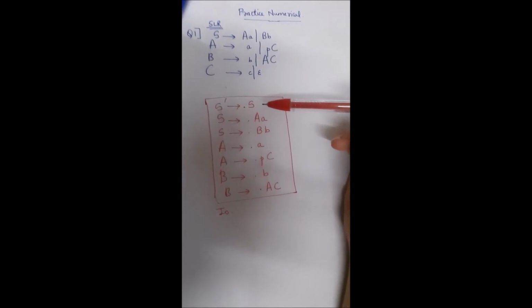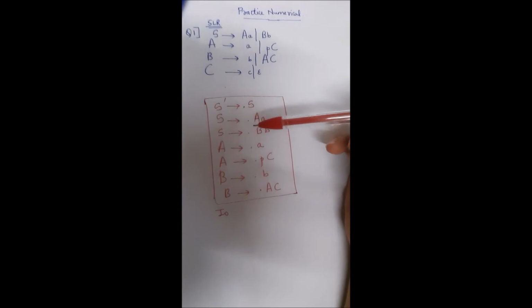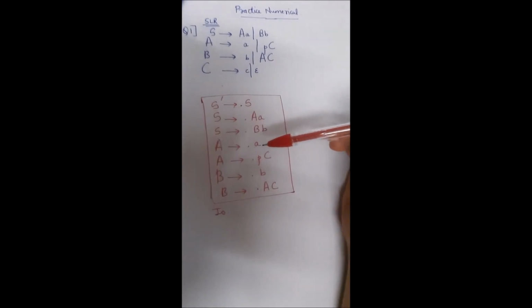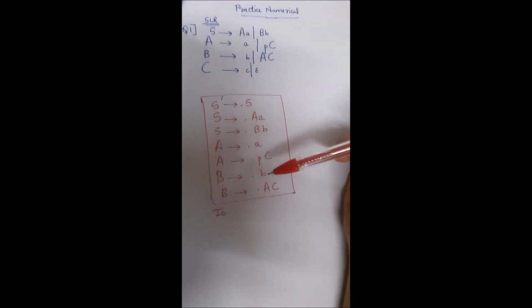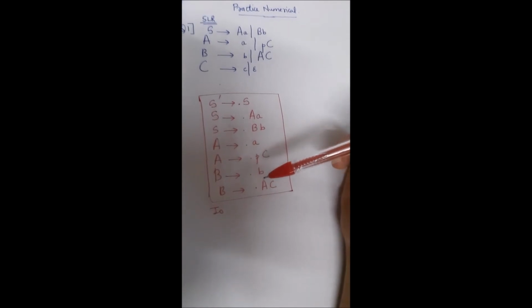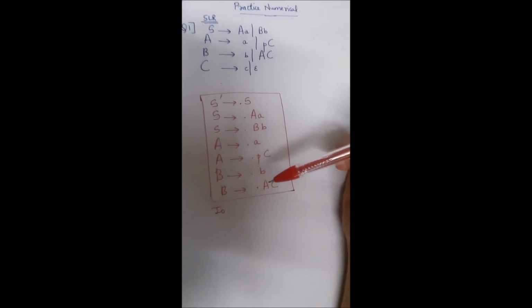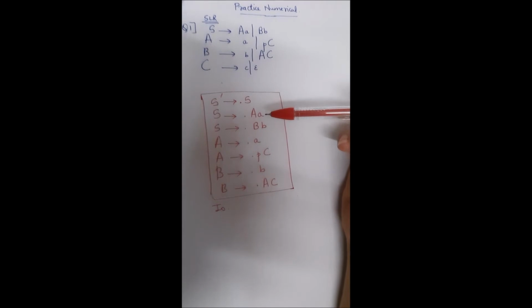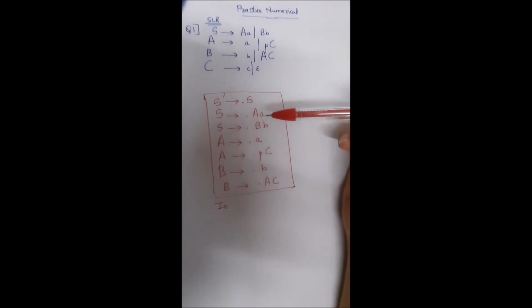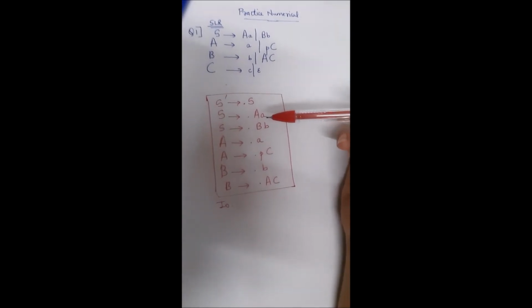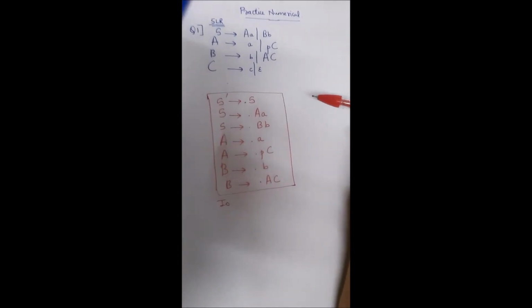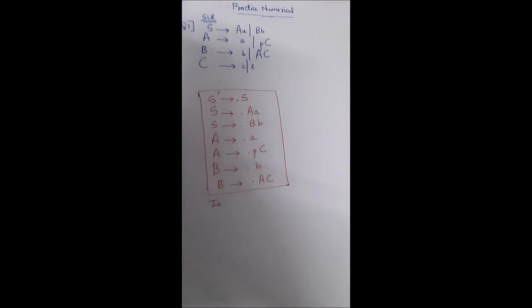Now we will process capital S, capital A, capital B, small a, small c, small b. Now this A should be processed when we process the capital A here, since this will be a deterministic approach. We should have only one outgoing edge for a particular symbol.